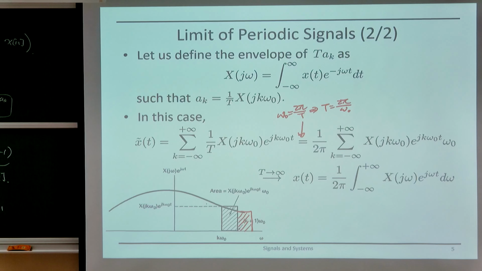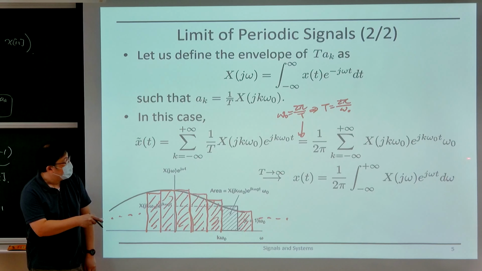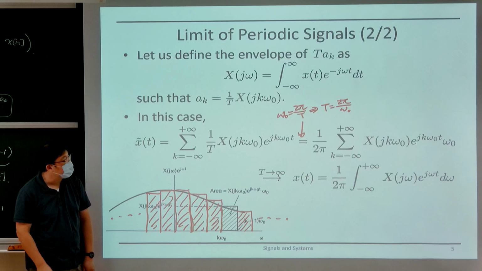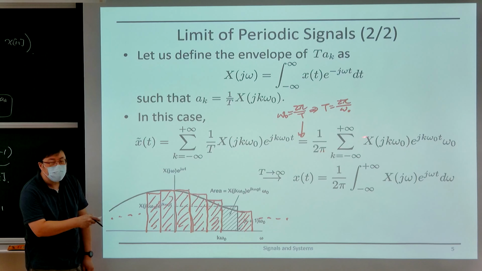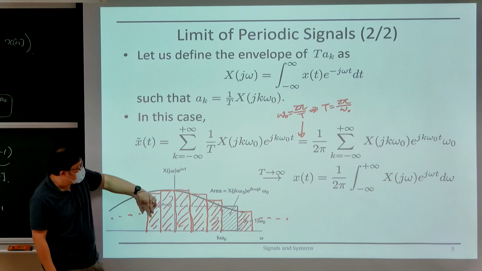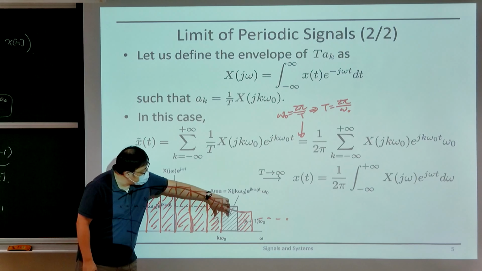And for k minus 1, you have this region here. For k minus 2, k minus 3, and so on and so forth. So what you have here is basically 1 over 2 pi times the sum of all these bar regions.